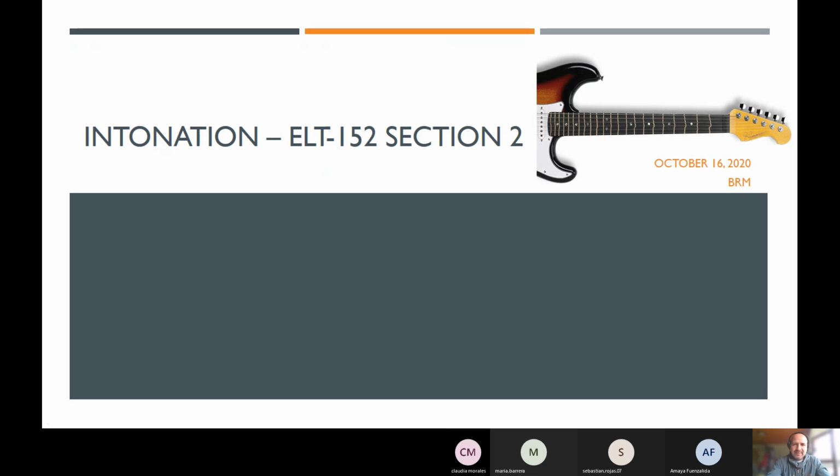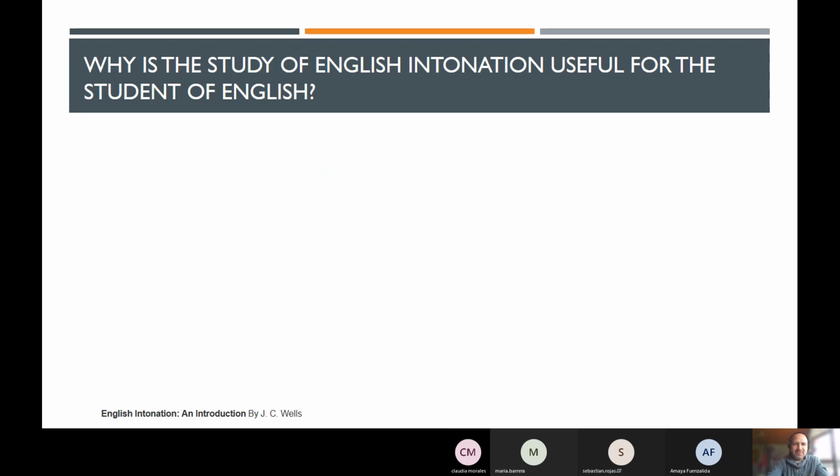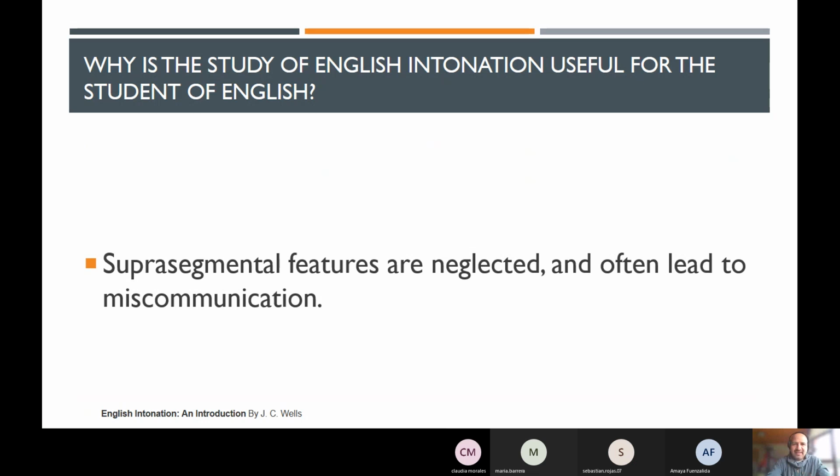We need to cover the elements of intonation and intonation in general. I was going to play this to Truth live, but I think the conversation with you was way more important, way more interesting. Let me know, I think we have seen some aspects of this. The intonation is important in general because it's a suprasegmental feature.